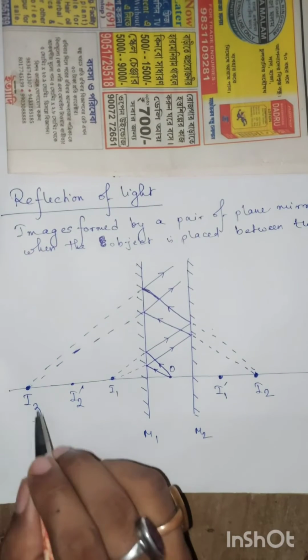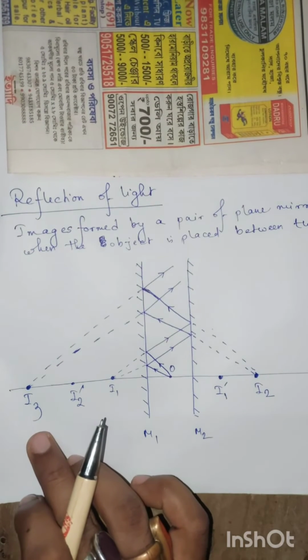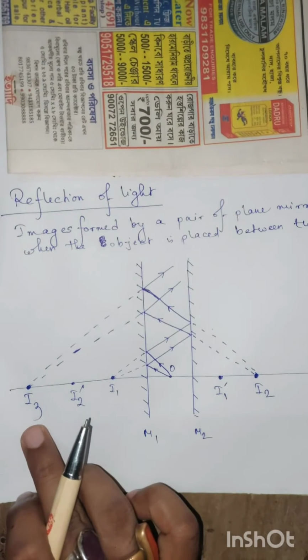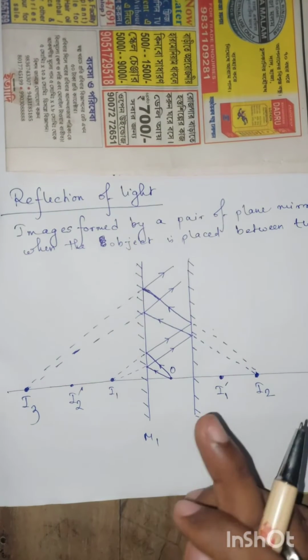So when I3 is created, an image of I3 will also be created on the other side.